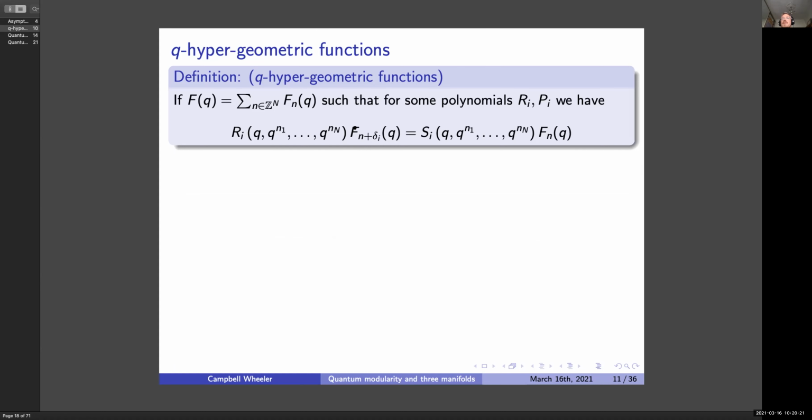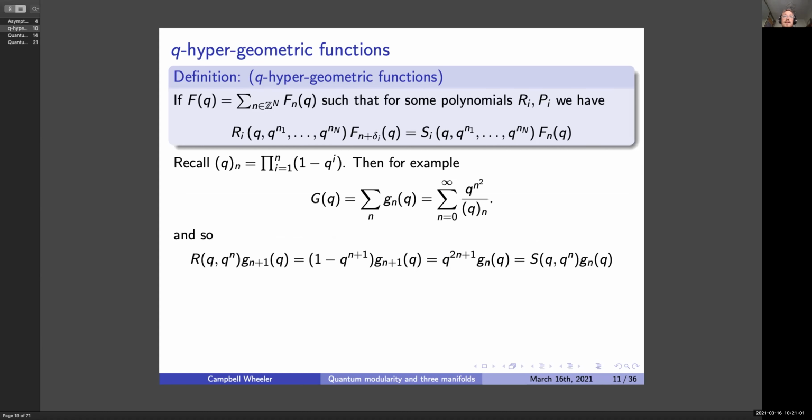Here, if we shift the i-th index of n by 1 and multiply it by some polynomial in q and q^(n_i), then this is equal to some polynomial in q and q^(n_i) times the unshifted function. So if this R_i is non-zero, what this means is that shifting this index takes the previous function and multiplies it by a rational function in q and q^(n_i), when we can divide by this.